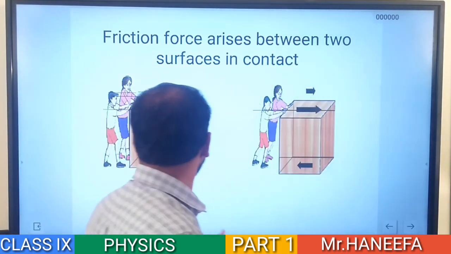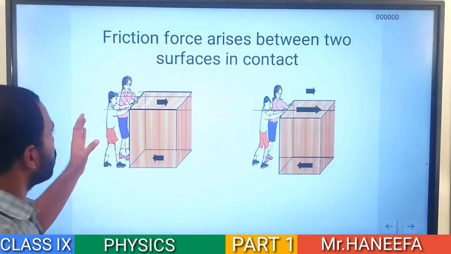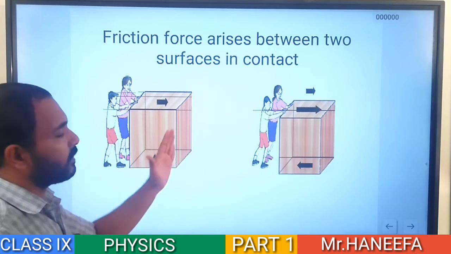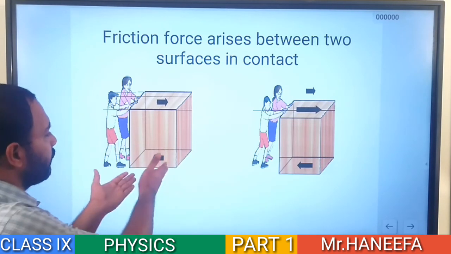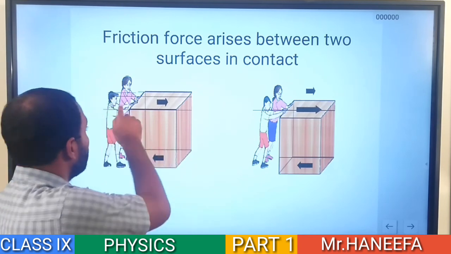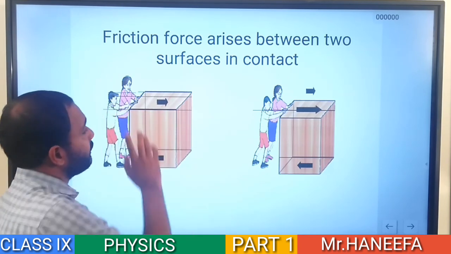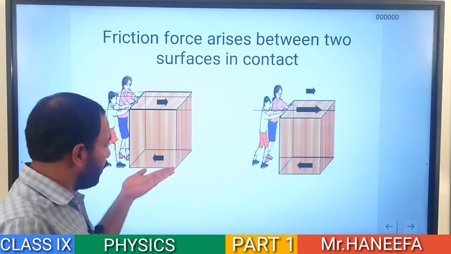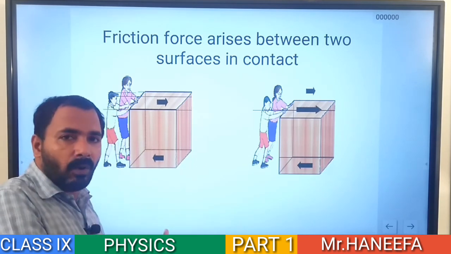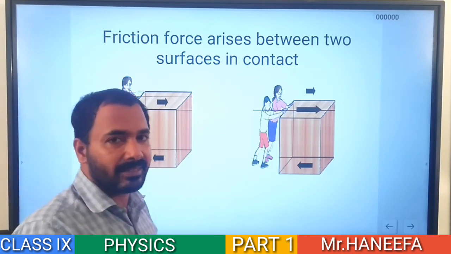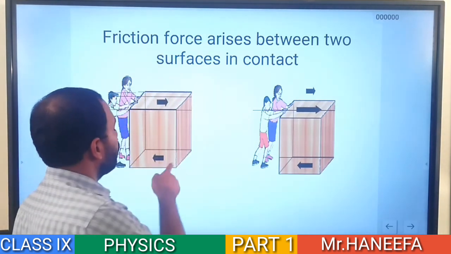Here two students are pushing this block, but it is not moving. Why? So here the two students applied a force, but between the floor and the block one force arises. That force is friction, the frictional force.